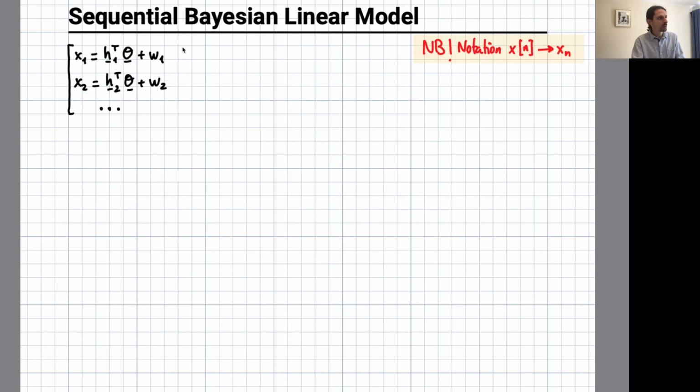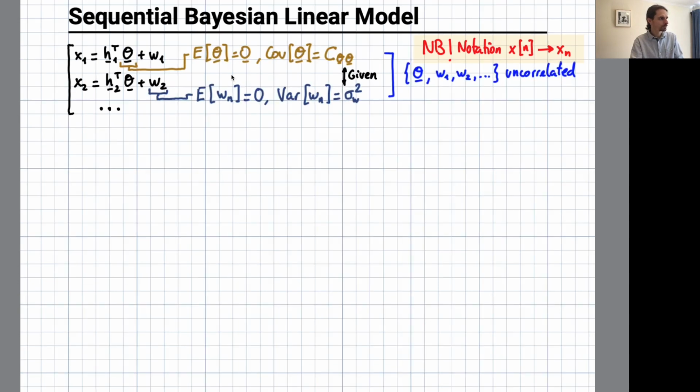Note as well that the word Gaussian is not here for good reason. Again, the LMMSE estimator does not depend on the shape of the PDFs, it just depends on the first and second order moments, and therefore nothing is gained by assuming Gaussianity.